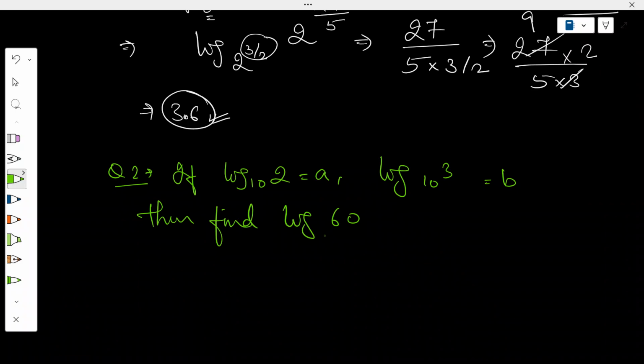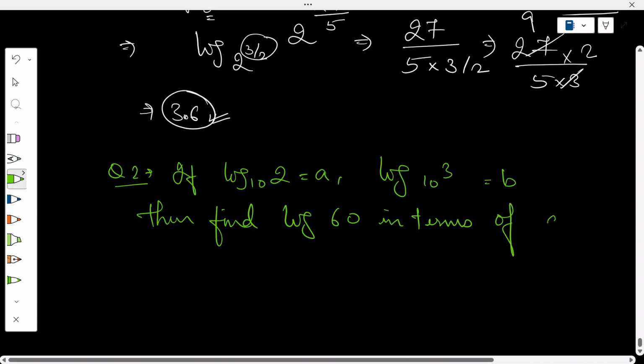When base is not given, we assume that the base is 10.